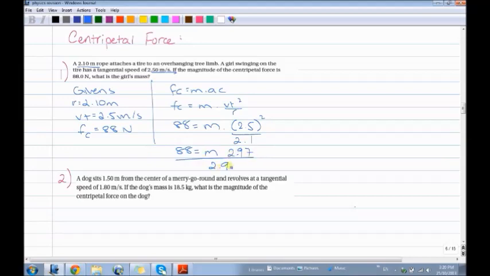Dividing both sides, the mass equals 88 over 2.97. Now the mass will be 29.6 kilograms. Don't forget the unit. This is the mass.